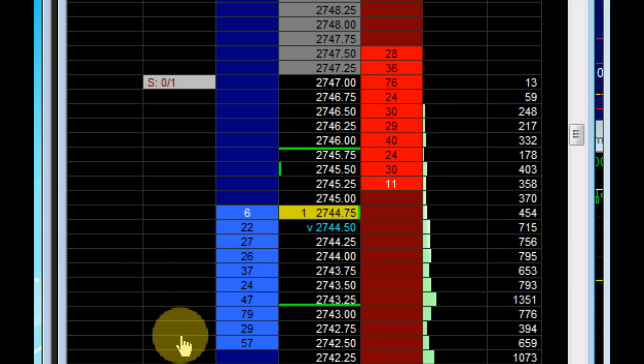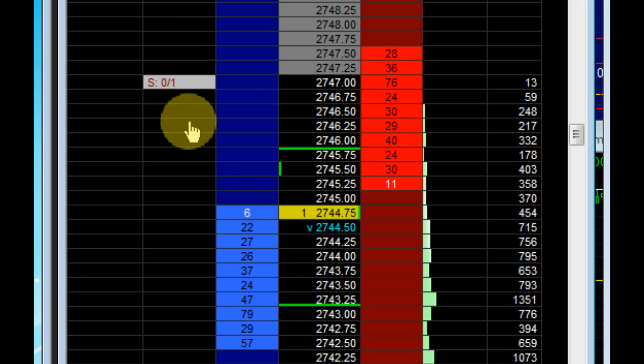And obviously this time of day the number of bids at each level are going to be much less. But the fundamentals, the principles there are the same. And basically we have a blue column that shows the bids and a red column that shows the asks or the offers. The actual prices and where the trades are occurring are this middle column.